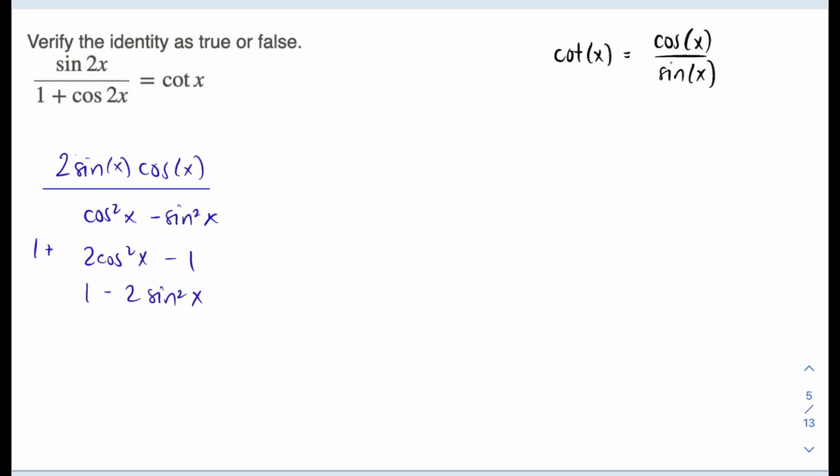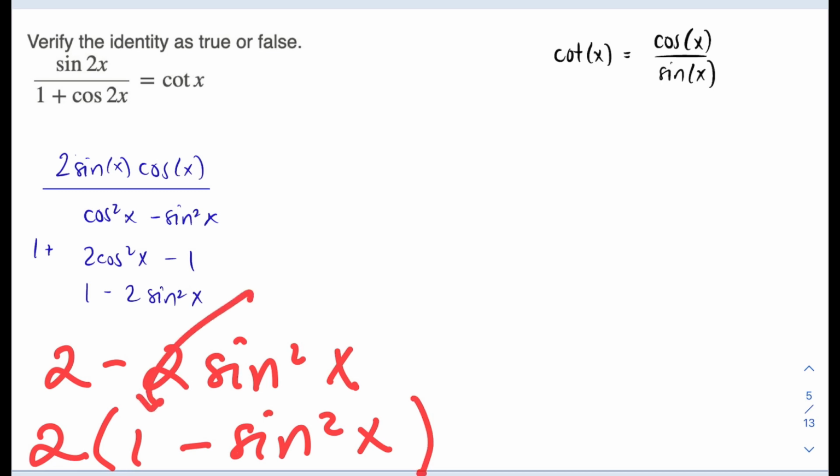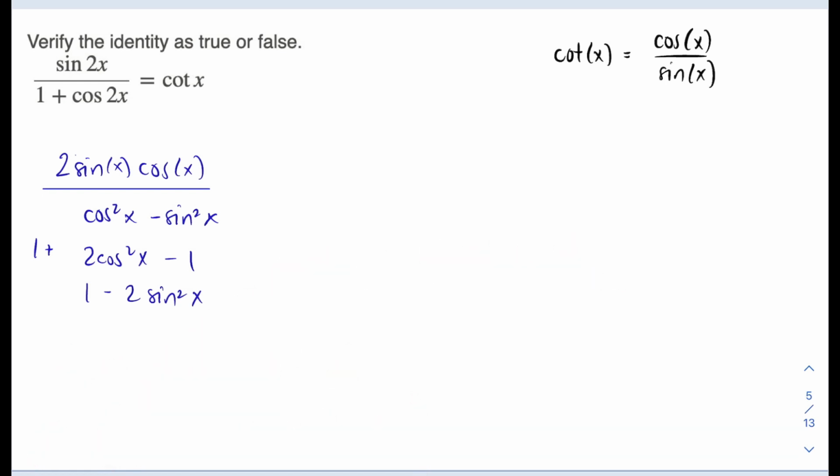I can combine this and make it 2 minus 2 sine squared of x, and then I could factor out a 2, 1 minus sine squared of x, and then I could replace the 1 with cosine squared of x plus sine squared of x. My sine squares would cancel. I would have 2 cosine squared in the bottom, and that would actually work.